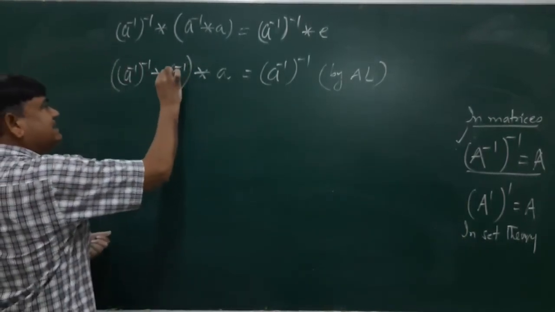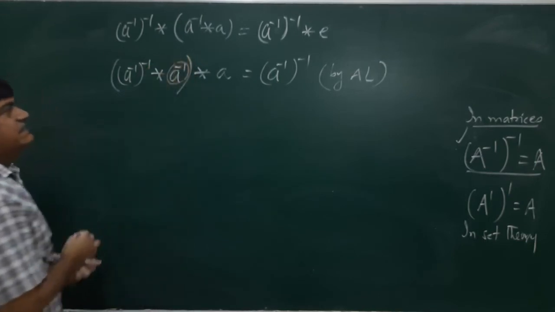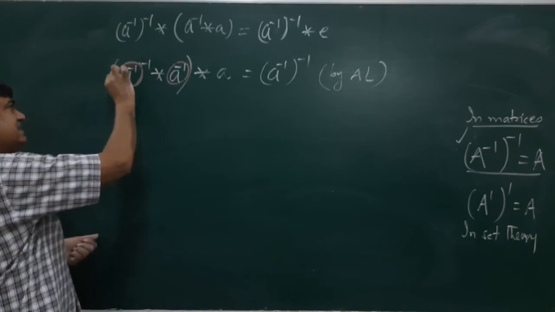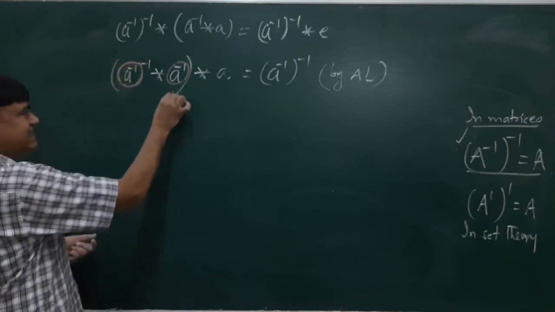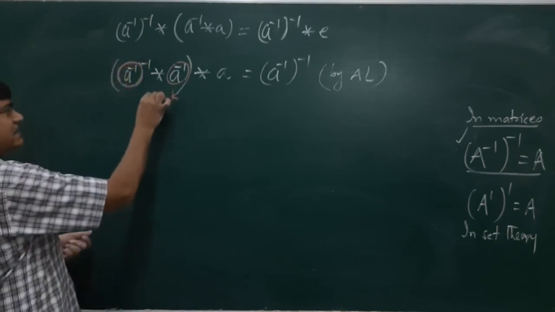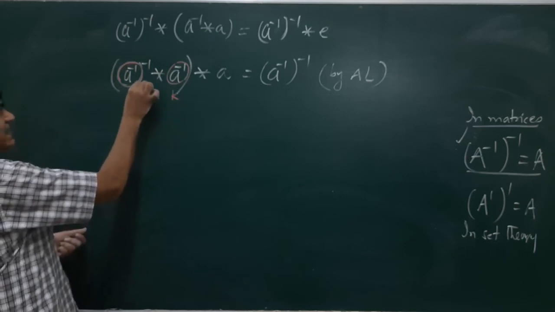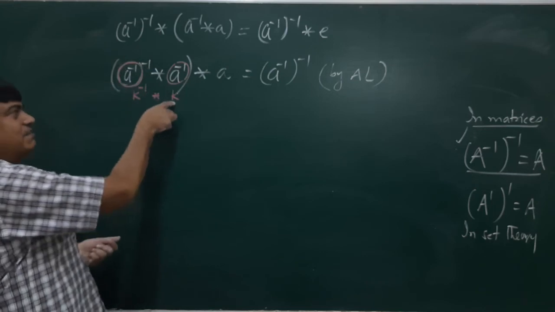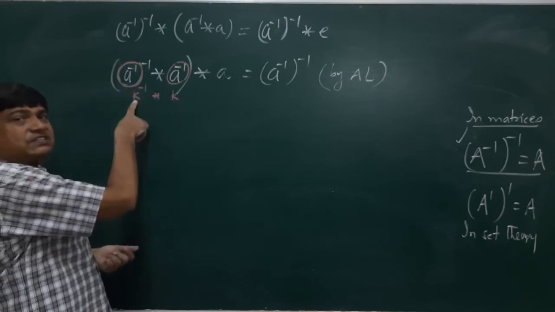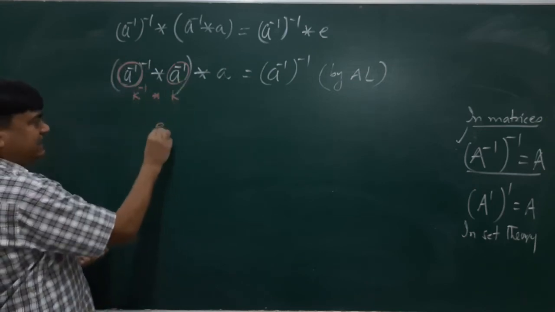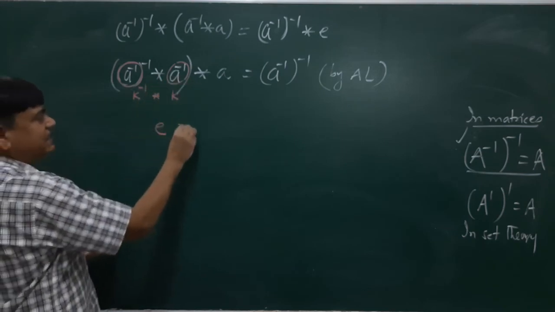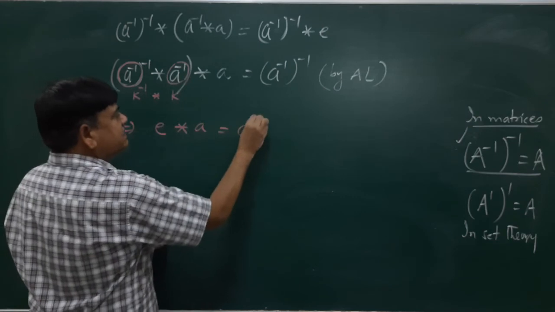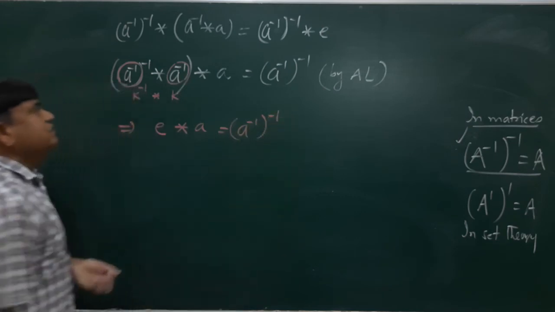Look at this. This is the element, the same one you can see. This is its inverse. An element is composed with its inverse, then the answer is e. So here this is e, e star a equals, it will be this.